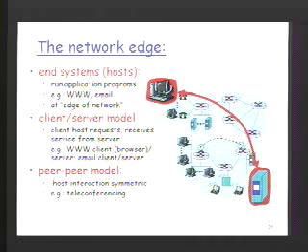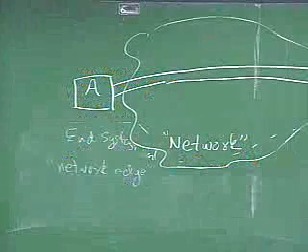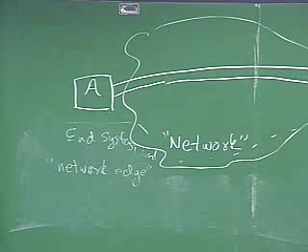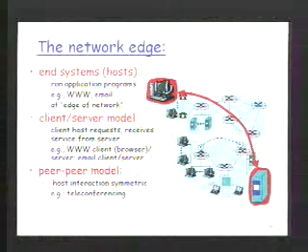So these are the nodes which are the terminal points of the network. And typically on the internet, these nodes will implement all layers of the protocol stack. So you might tend to think that your desktop or your laptop or your PDA which is connected to the internet will not implement the routing layer or the network layer, but in fact it does implement the routing or the network layer.